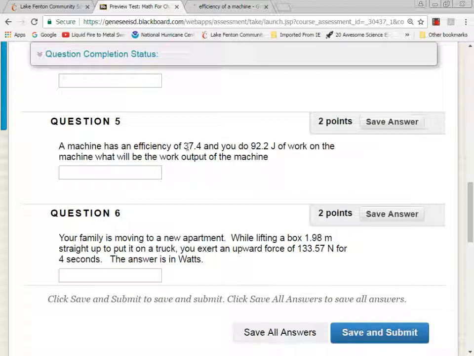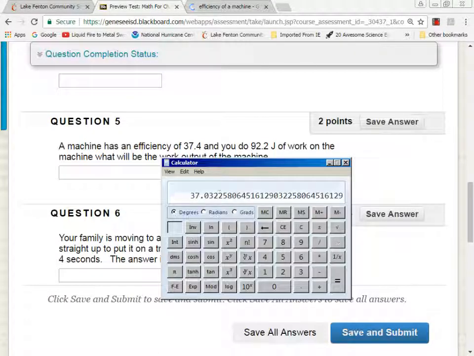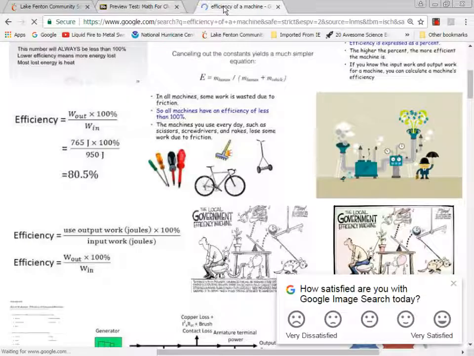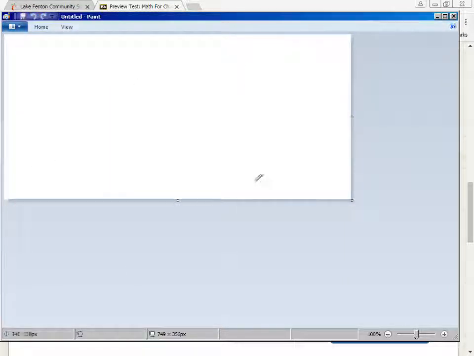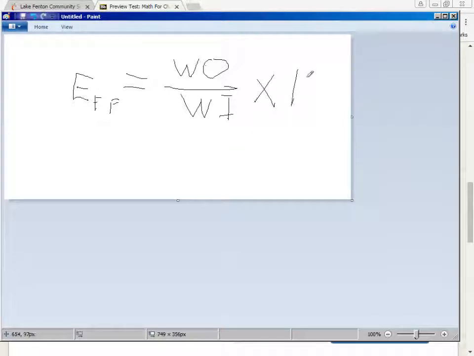This is going to be a multiplication problem because the formula is efficiency equals work output over work input times 100.